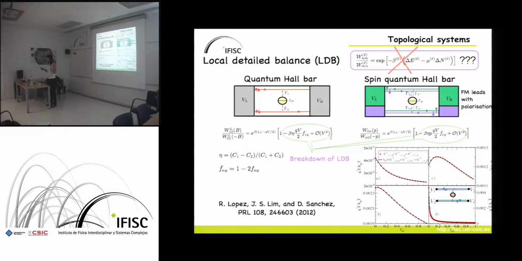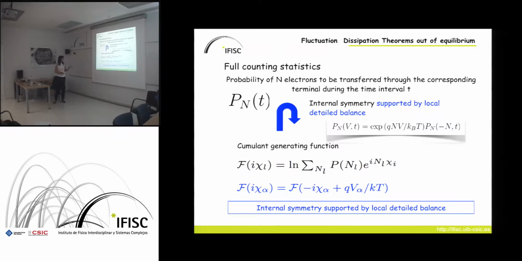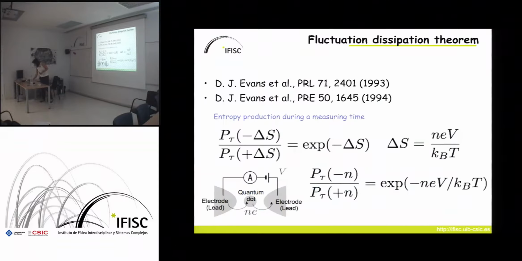So then, it is clear that in some systems like this with chirality or helicity, we cannot use this property. But even in the absence of such a local detail balance, we are able to write down some relations between what we call transport coefficients.